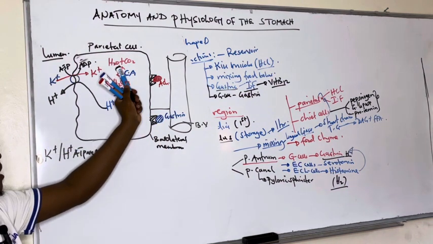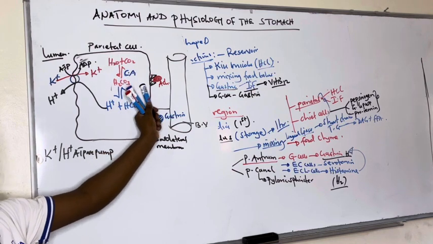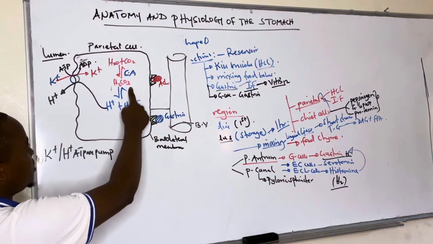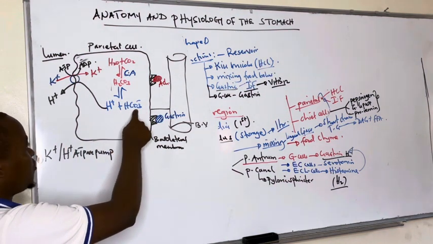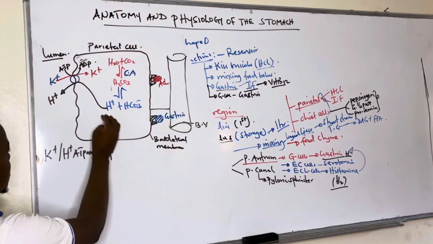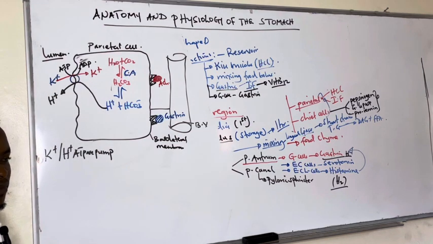How the water and the carbon dioxide join in the presence of carbonic anhydrase enzyme to form weak carbonic acid, which dissociates to give bicarbonate and hydrogen ions. And these hydrogen ions are brought inside the rumen in exchange with the potassium.